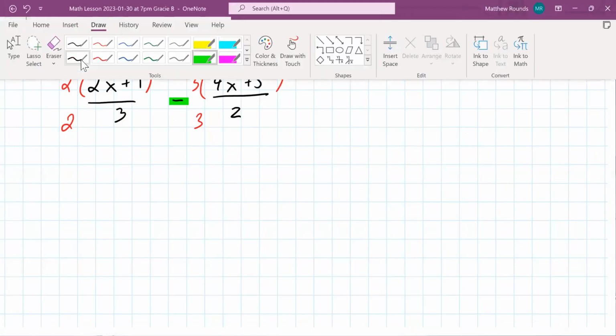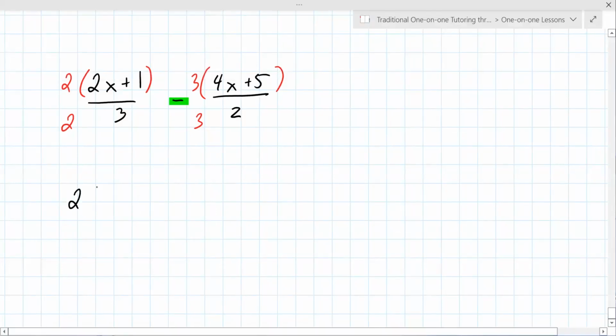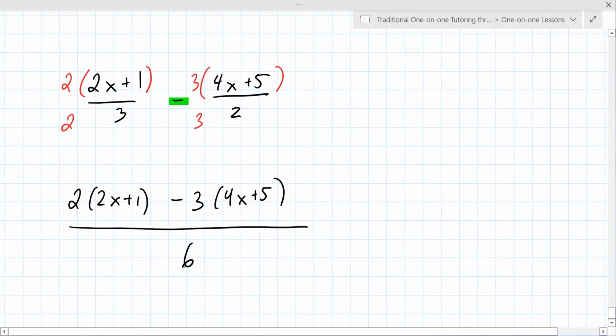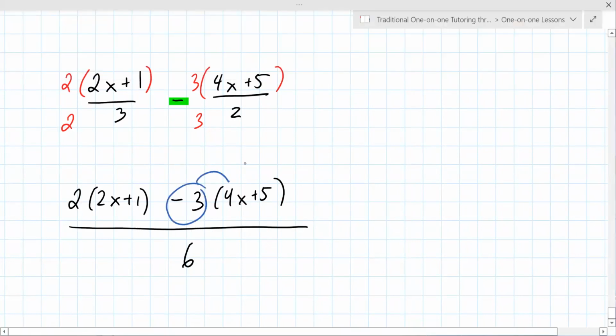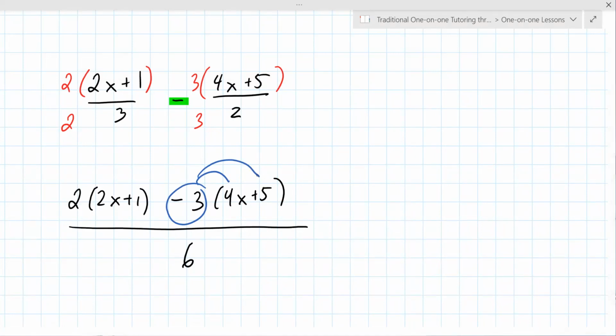So what I'm referring to here, and let me show this out: it's 2 times 2x plus 1 minus 3 times 4x plus 5, all over 6, like that. What I'm trying to get you to say is that minus 3 is what distributes to both. So could you give that a try, please? Distribute or work this out from here.